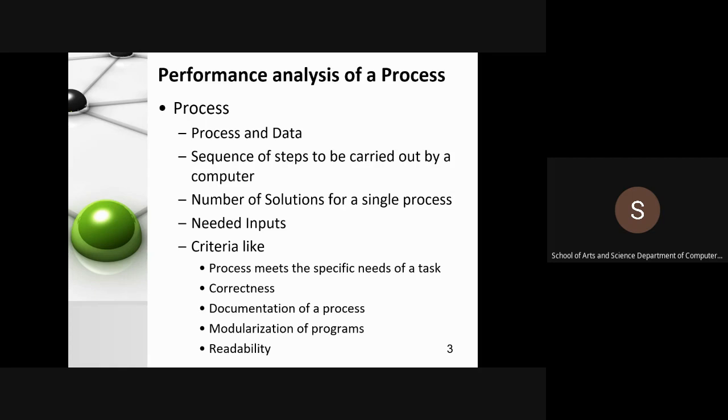So how to write a process means how to write a program in a better way, a program which uses minimum resources, that means minimum memory and minimum resources. So in order to find a process which is more optimum by means of resources and memory, we are going to use this concept: performance analysis.